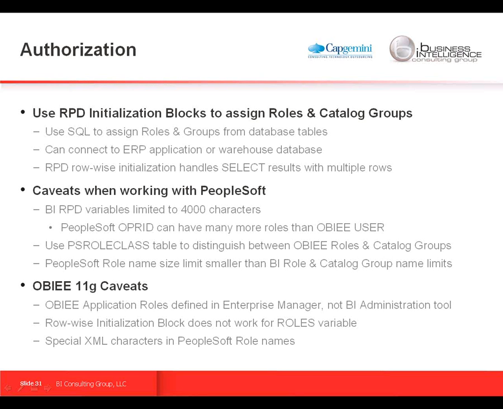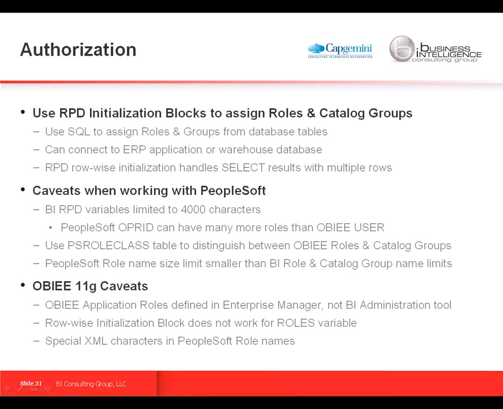One thing to note is that the initialization block can use something called row-wise initialization, which basically takes multiple rows of data and builds a concatenated string for you.